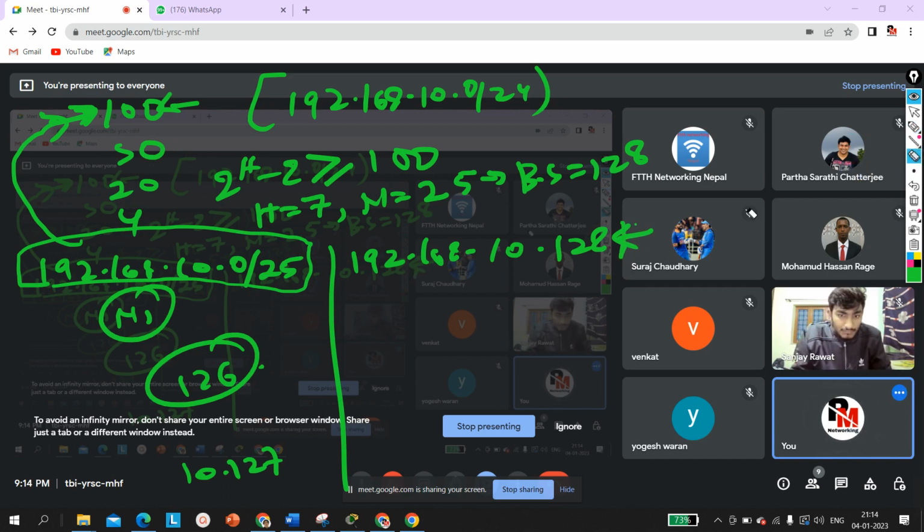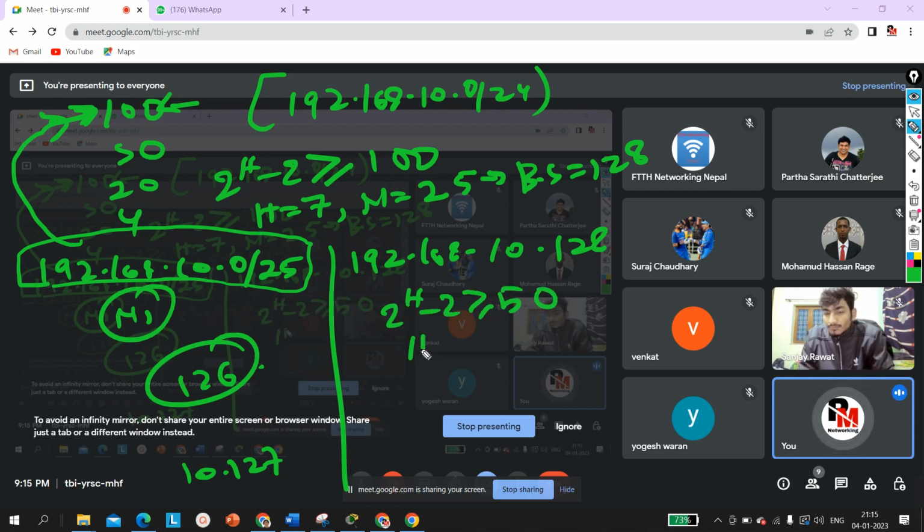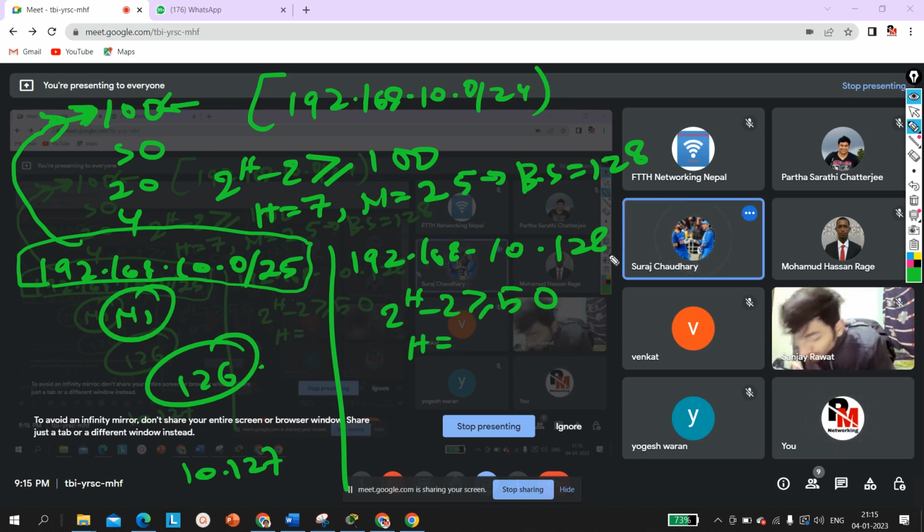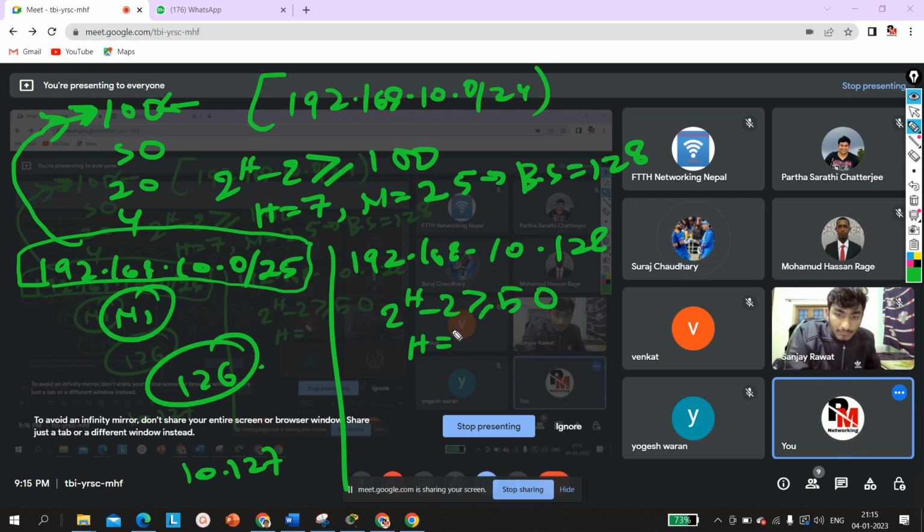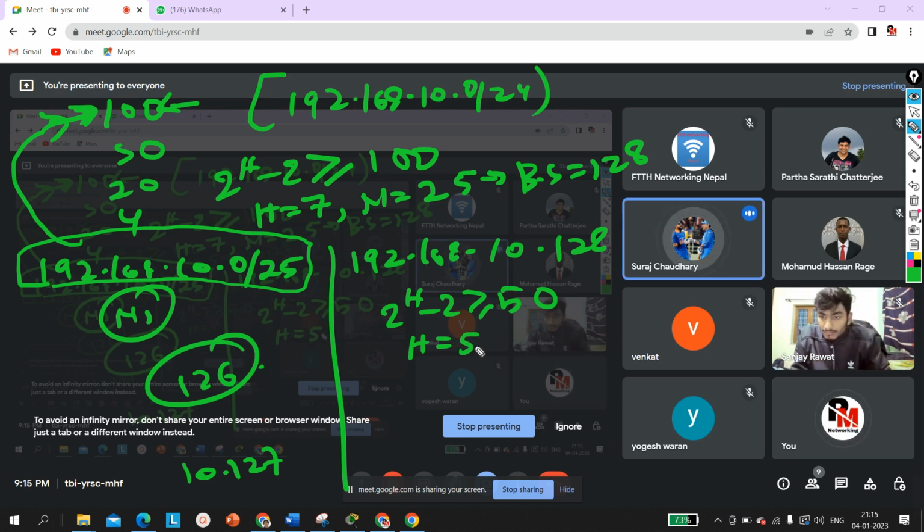For that, again you need to check the value of h. The requirement is 2 to the power h minus 2 greater than or equal to 50. So what should be the value of h? It should be 6.